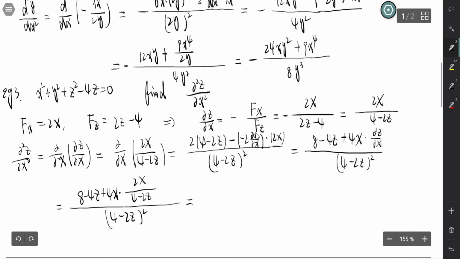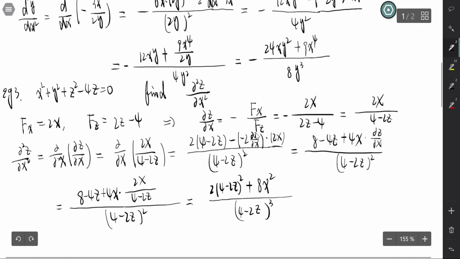Then we multiply both numerator and denominator by (4 minus 2z), so the denominator is (4 minus 2z) cubed, and the numerator is 2 times (4 minus 2z) squared plus 8x squared.